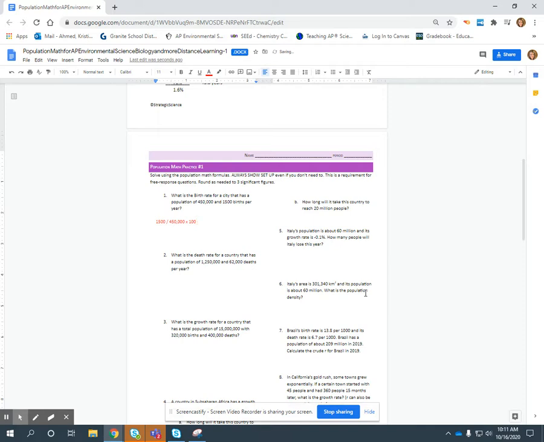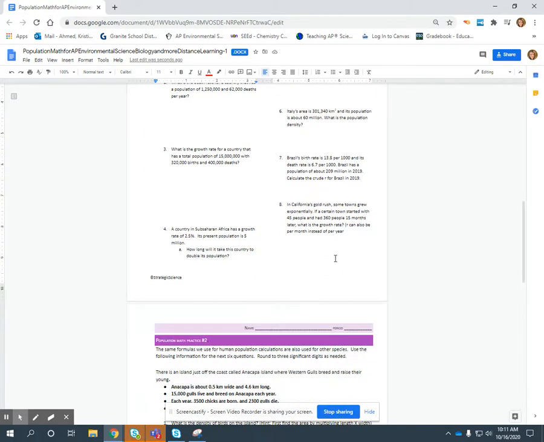That should give us the percentage for this birth rate. So that is the work that I would show on this assignment and the answer that I would type after I've done the math in this problem for number one.